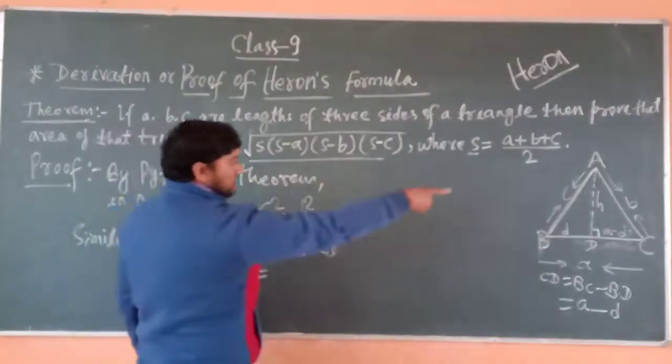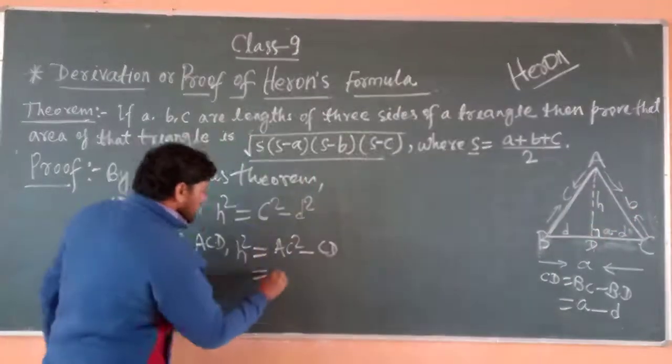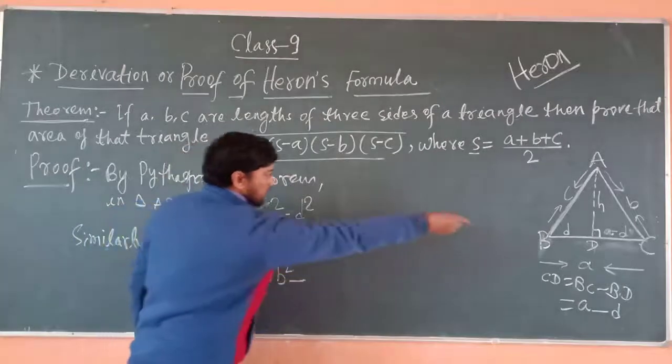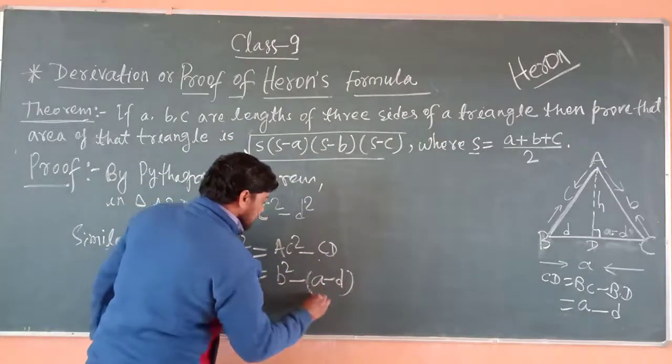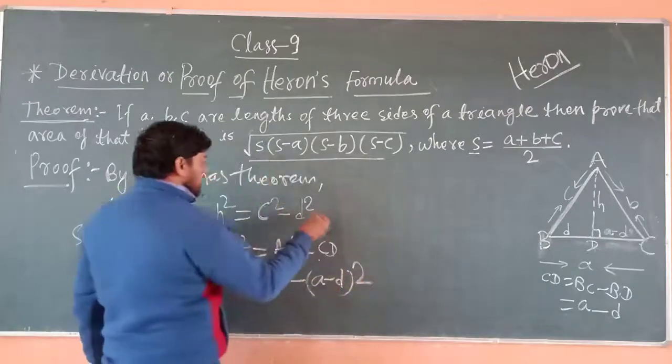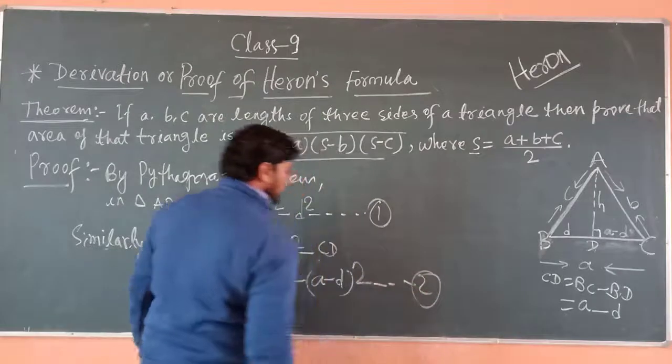That is, AC is length B, so B square, and length of CD is A minus D, so minus A minus D to the whole square. Suppose that it is the first equation and it is the second equation.